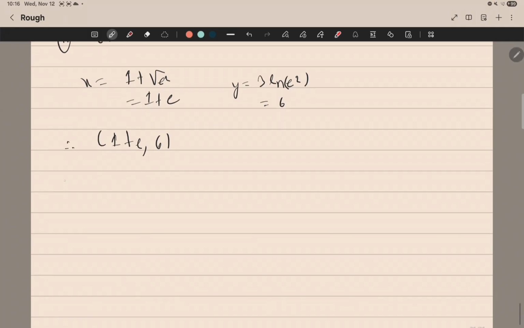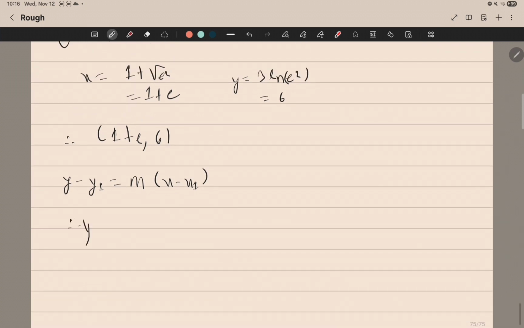So therefore now we find the equation of the tangent. We know y minus y1 equals... I'm not going to write all of these things, which I think you should write. First of all, write the equation of the tangent, and then you write this. I mean, the last line I wrote. I'm just going to directly do it to save time. 6. Sorry, not minus.